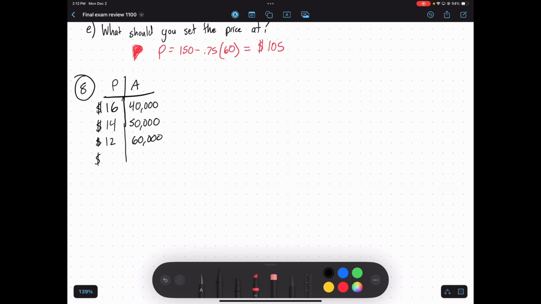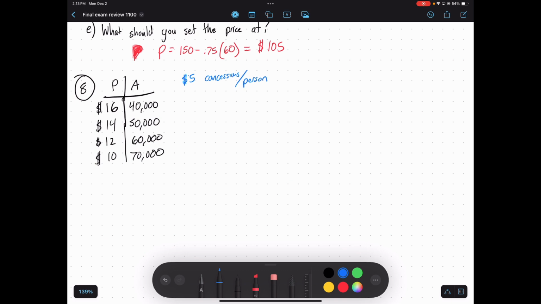If I decrease it to $10, I should see 70,000. So on and so forth. Everybody okay with that? Then it tells me that every person at the game spends an average of $5 on concessions. So $5 concessions per person.